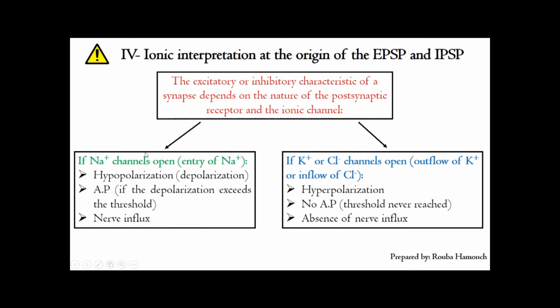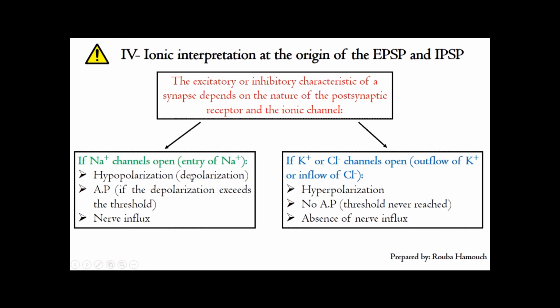If the channels that open following the fixation of the neurotransmitter on the postsynaptic membrane are Na+ channels, so Na+ will enter the postsynaptic membrane, and as you know, the entry of Na+ always causes a depolarization.